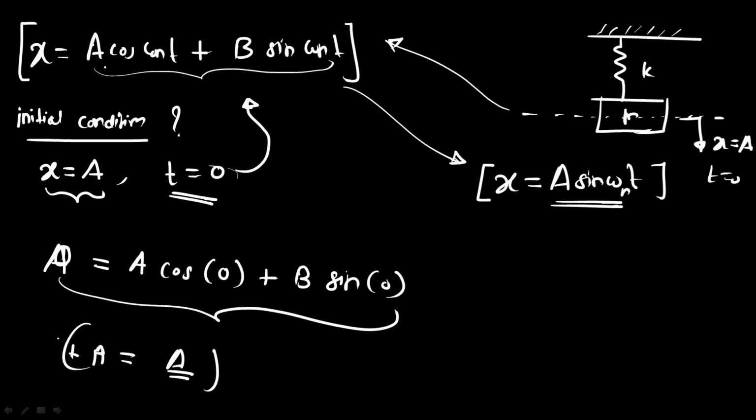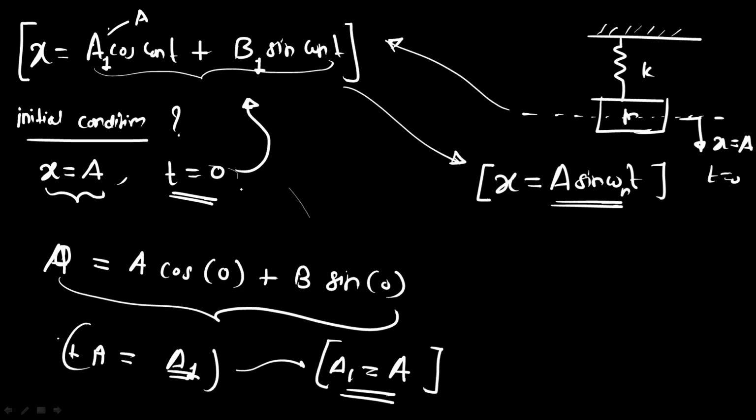I will write these constants as A1 and B1. So the constant A1 will become the A value. So we have got one constant, A1, as the displacement A, and the second constant is B1.